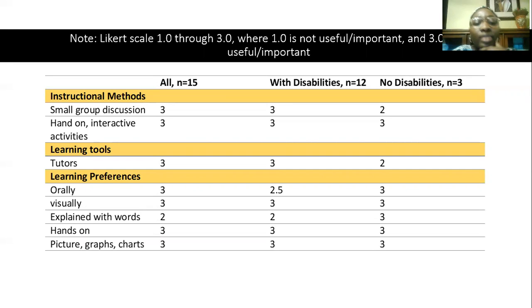And for learning preferences, if you compare orally, visually, explain with words, hands-on, and pictures, graphs, and charts, the learning preferences that students with disabilities prefer are visual, hands-on, and pictures. So maybe orally is just too abstract. They really needed you to explain it visually, step by step.